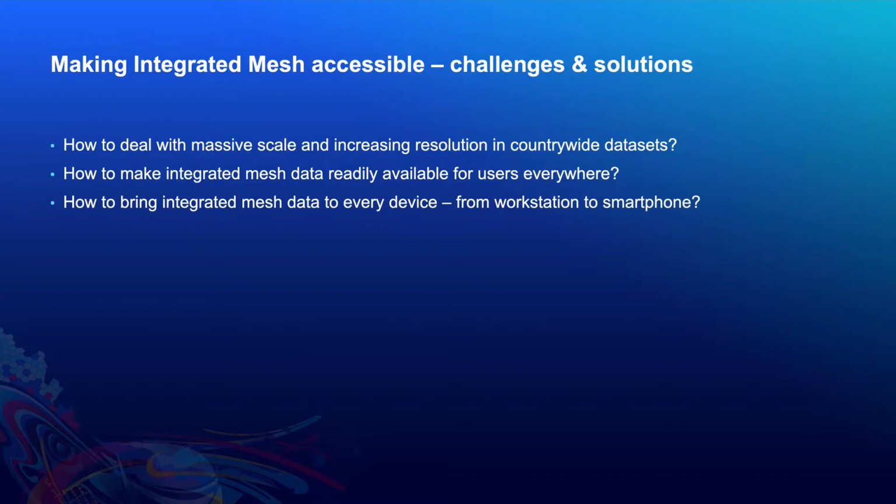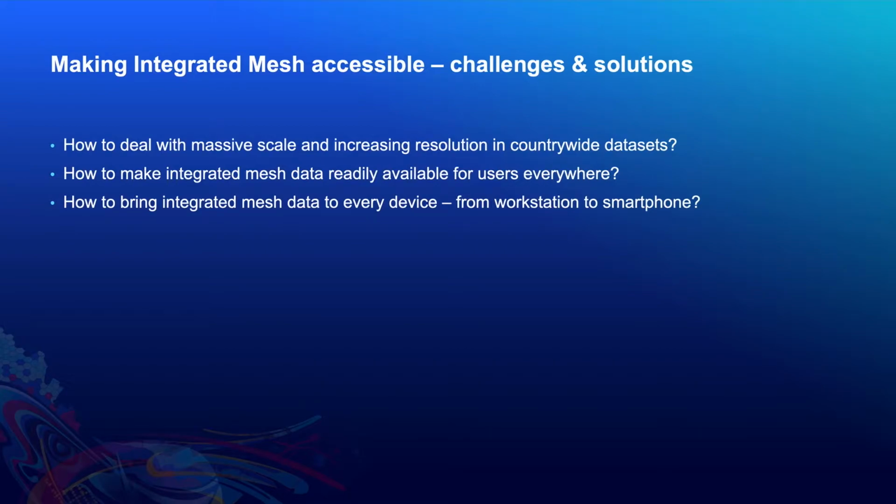Summing up, what are the challenges? How to deal with massive scale and increasing resolution in countrywide data sets. That means we're currently seeing data sets with thousands of images covering a high number of square kilometers that go down in resolution to 2 centimeters, for example, and this actually gets smaller and smaller.